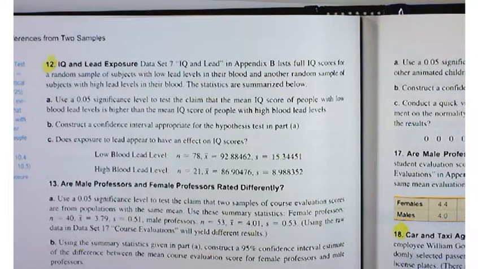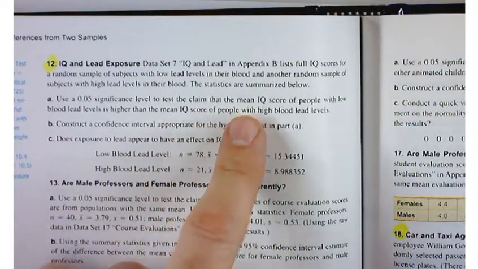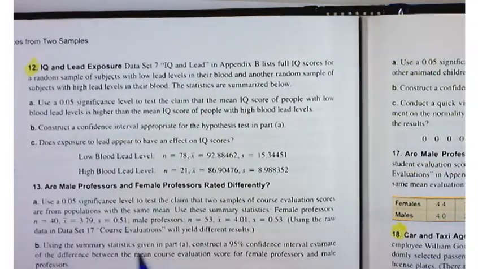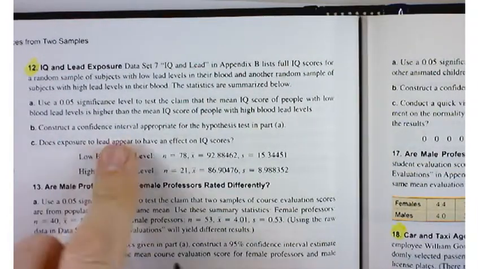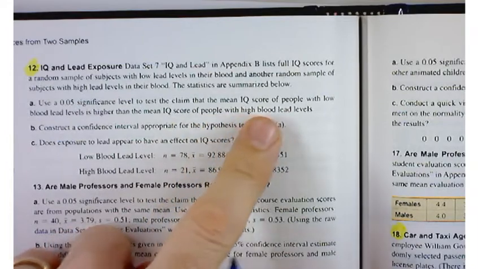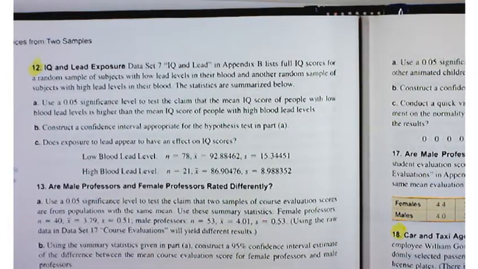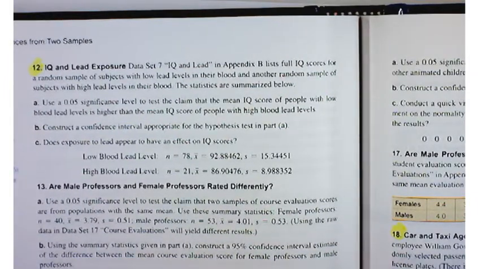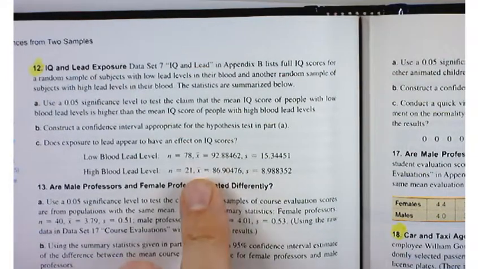We're going to use a 5% significance level to test the claim that the mean IQ score of people with low blood lead levels is higher than the mean IQ score of people with high blood lead levels. So we'll do that. We'll follow it up with a confidence interval, and then we'll see what we can conclude based on that. So they give us some summary statistics.